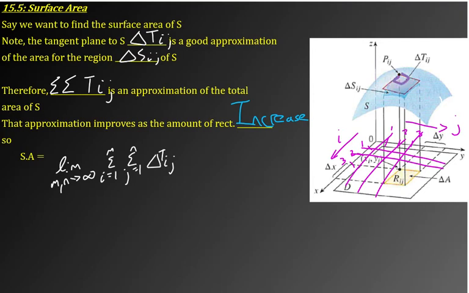And as you add them all up, and they were super small, then you would basically be adding up the true surface area, right?